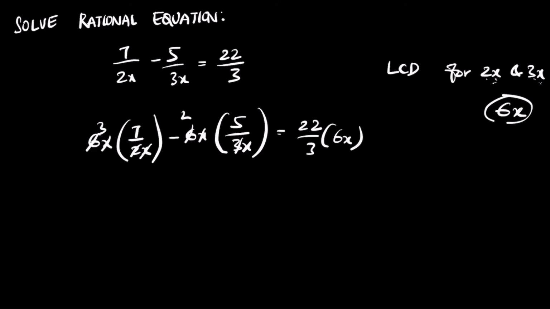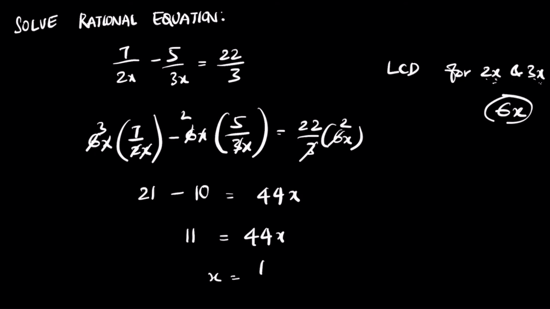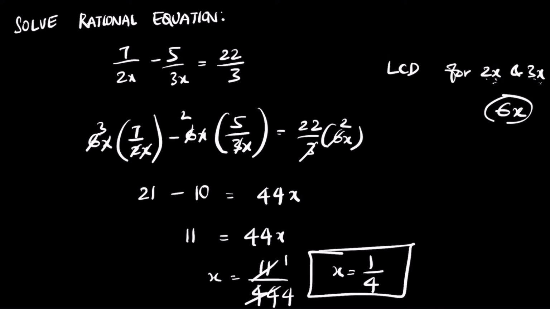You get 7 times 3, you get 21 minus 2 times 5 is 10 is equal to 44x. So 21 minus 10 is 11 is equal to 44x. So x becomes 11 by 44. So x becomes 1 over 4. So this is how you could solve a rational equation.